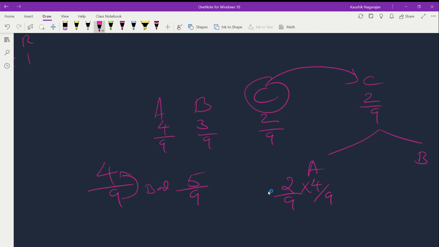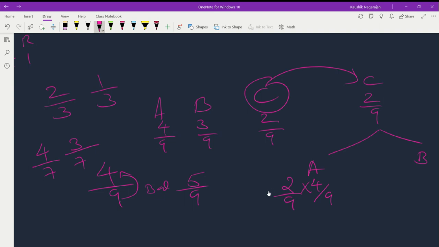So that 5 by 9 will go to partner B. In the same way, if it is given that 2 by 3 is taken by A, then in 3, if 2 is gone, the balance is 1, so 1 by 3 will go to B. Suppose 4 by 7 is taken by A, then in 7, 4 is gone, so 3 will be the balance, and 3 by 7 will go to B. This is the concept.